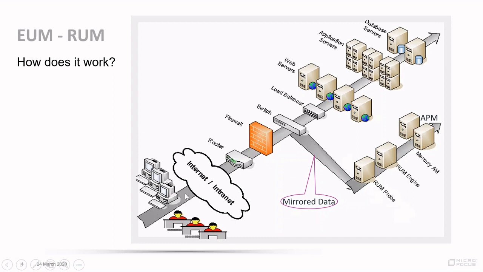The user initiates the session. It goes to their edge router, then to the firewall of the airways company's website, then to a switch and a load balancer, and from there it starts.